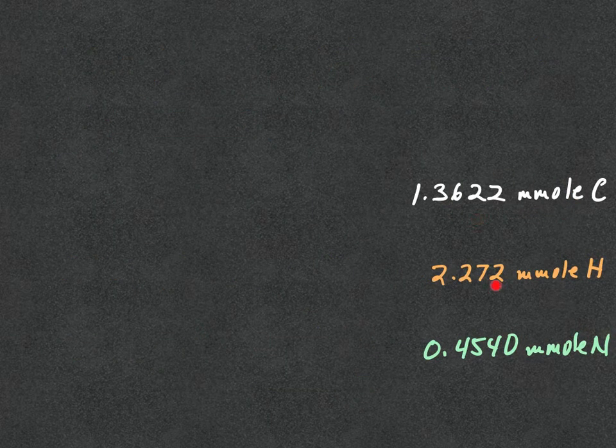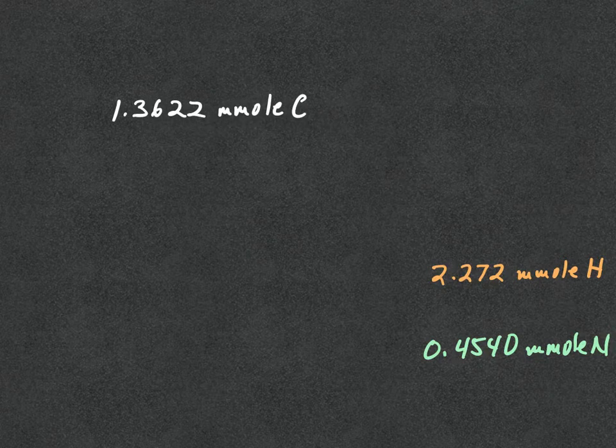So how do we turn this set of data into a simple whole number ratio? So here are those results. In a simplest whole number ratio, the lowest number that a number can be is 1. So the easiest way to make our lowest number 1 is to divide it by itself. And so we're going to divide all three of our results by our lowest result.